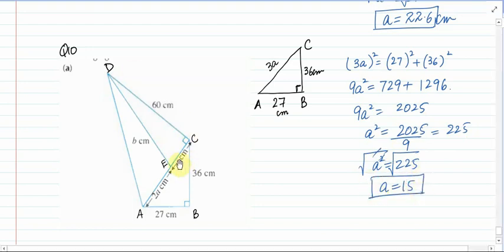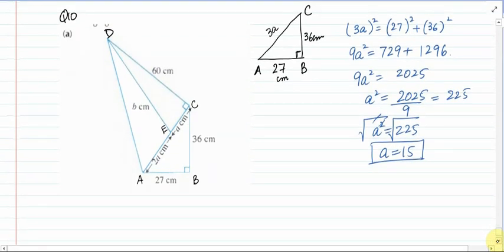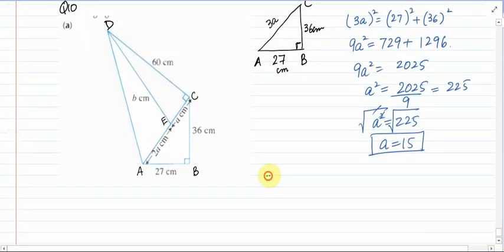Now you know that if this length is 15, then this will be 30. We need to find the value of B, so we need to take ECD. This triangle is quite enough for us to find the value of B. I am going to plot ECD.